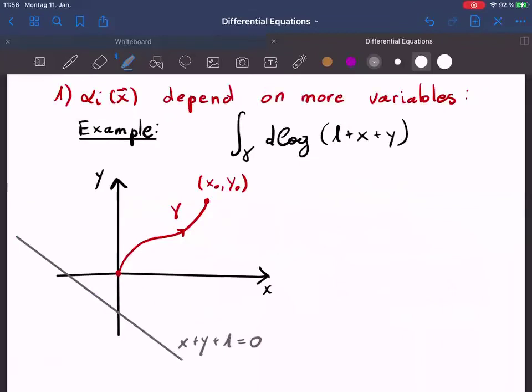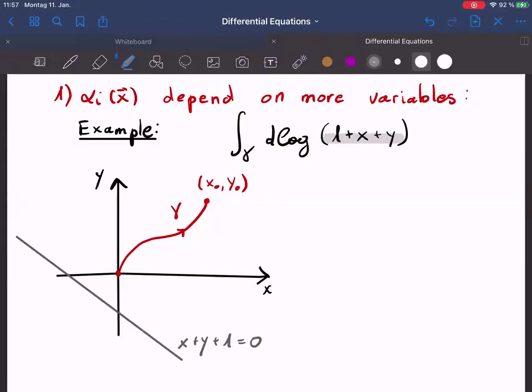Let's look at the first case, where the argument of the d-logs depends on more variables. We're always going through an example, because examples here are more useful than general formulas. Take a one-fold integral of a d-log, where the d-log depends on two variables, x and y, through a linear form. Here you will see how useful it is to think of these things as differential forms.